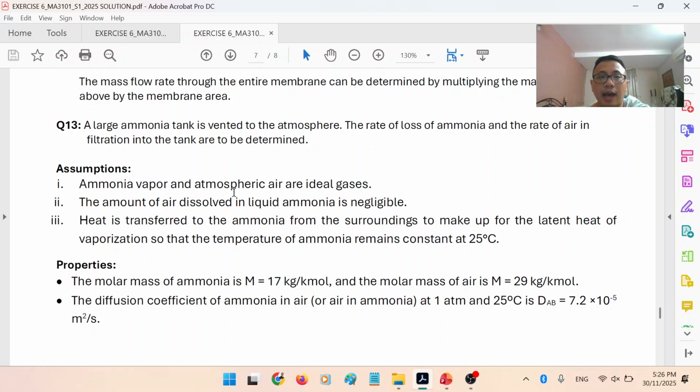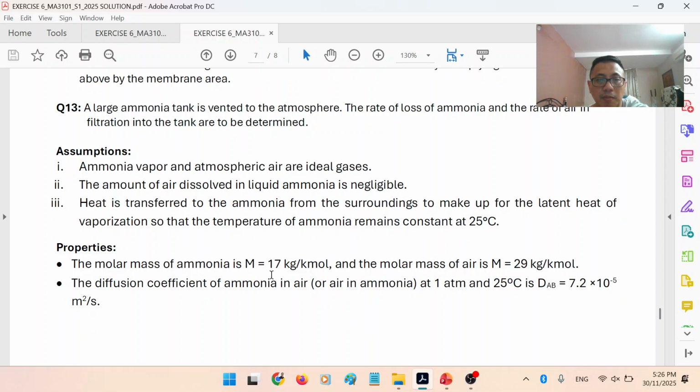The amount of air dissolved in liquid ammonia is negligible, so we don't consider any loss of air due to solubilization of air in ammonia. Heat is transferred to the ammonia from the surroundings to make up the latent heat of vaporization, and the temperature of ammonia remains constant at 25 degrees Celsius.